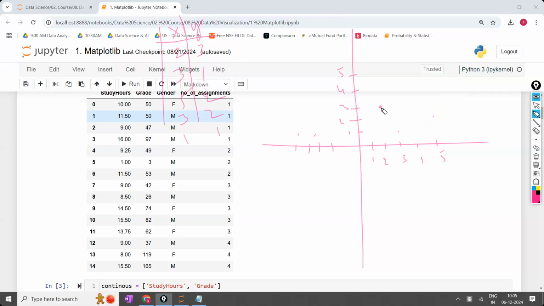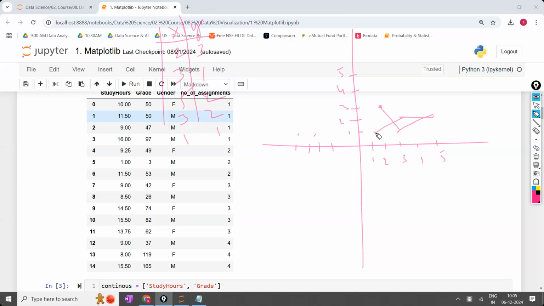Then 2, 3 and 3, 1, so I'm going to combine them with a line. Next, 3, 1 will be combined with 5, 2. This is the line. After that, from there, 3, 2. Where is 3, 2? This is 3 and this is 2. So 3, 2, one line. Next, 1, 1. This is 1 dot, one line.